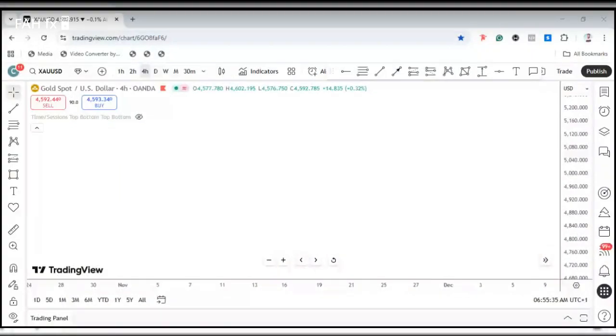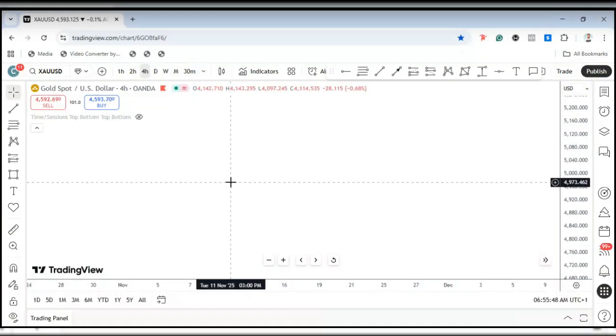All right. So if you've ever wondered why you take an entry and seconds later, minutes later, hours later, days later, or even weeks later, depending on your style of trading, you get stopped out of the trade, and after getting stopped out, the price now goes in your original direction.